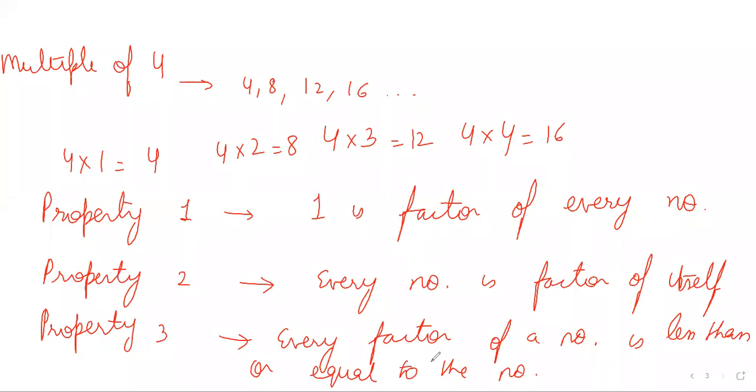If I am talking about 5, what are the factors of 5? Factors of 5 are 1 and 5. So the factor of any number is always less than or equal to it. It cannot be greater. Do you understand that? Yes. So factors cannot be greater. They are always less than or equal to the number. So please write all these properties, then I will move to the next property.